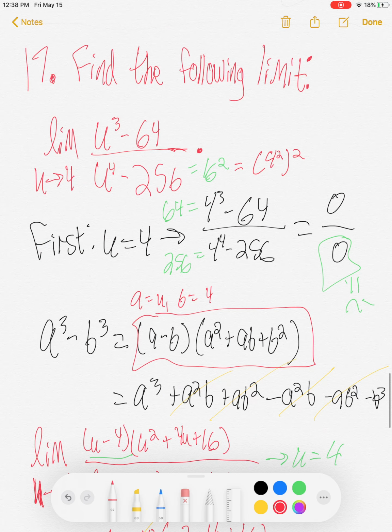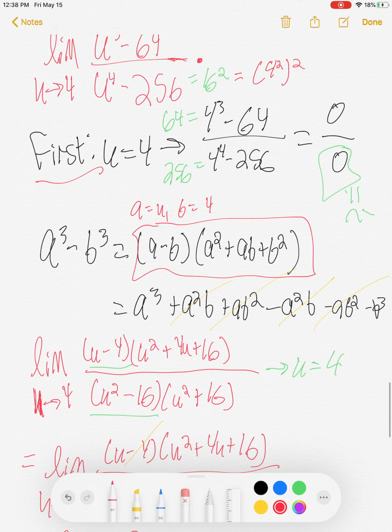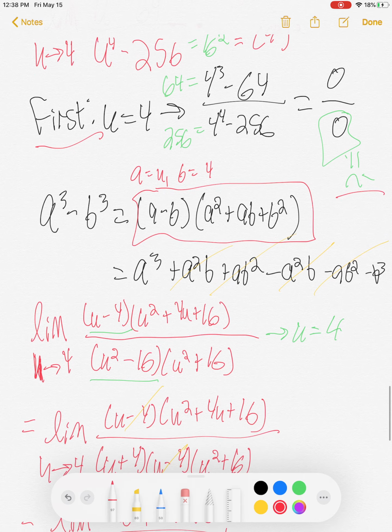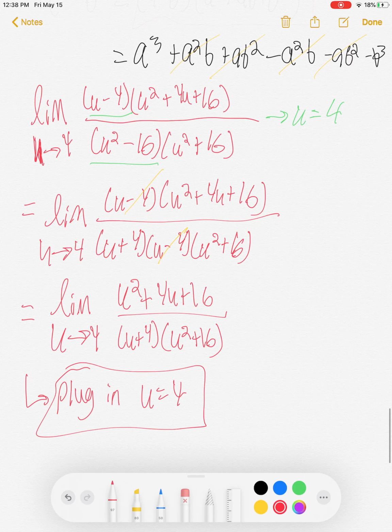So again, this one worked quite similar to the previous one. We tried to just plug our value in to get started, but that didn't get the job done, and we cried a little bit. But we picked ourselves back up, and we noticed that we could factor things. We had a difference of cubes in the numerator and a difference of squares in the denominator.